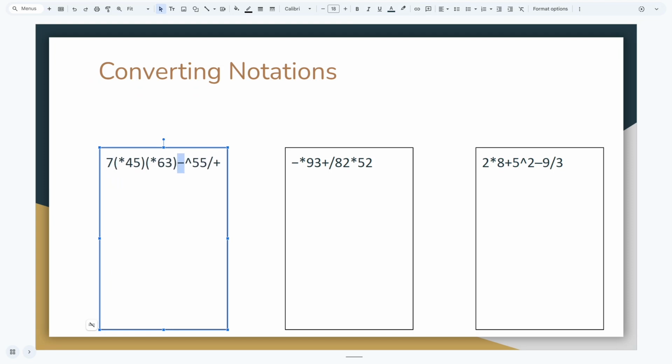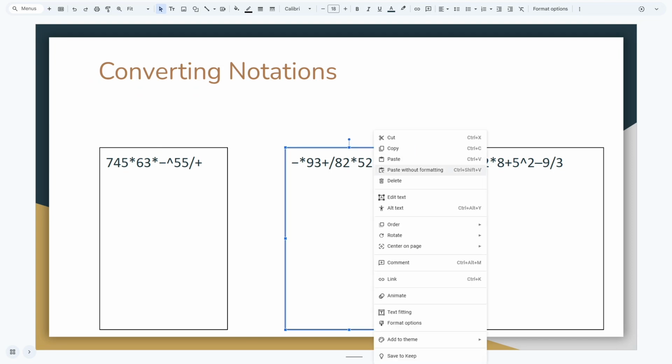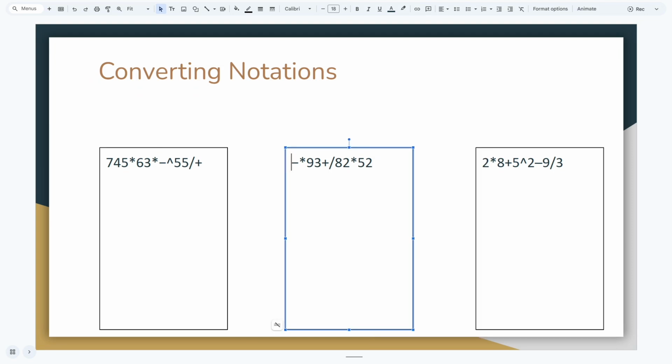So now let's move on to converting this prefix one. So over here we have this: minus, multiply 9, 3, plus, divide 8, 2, multiply 5, 2.